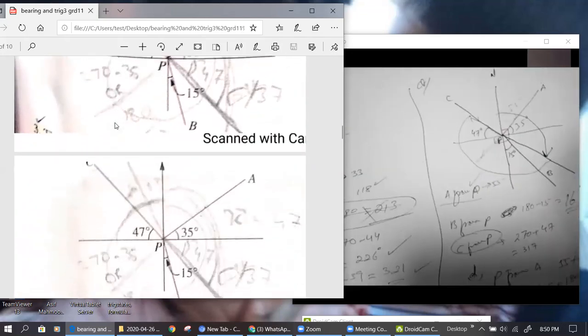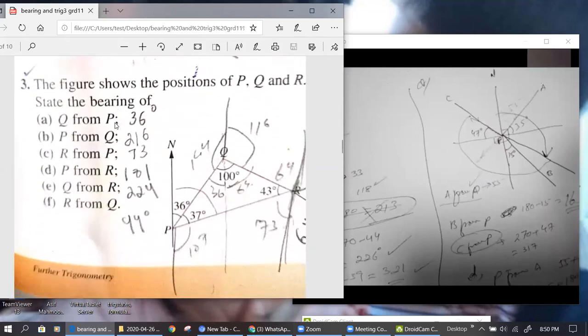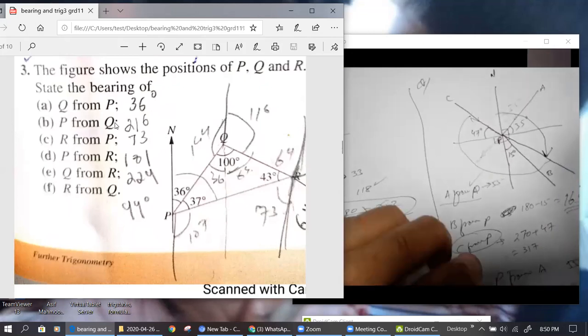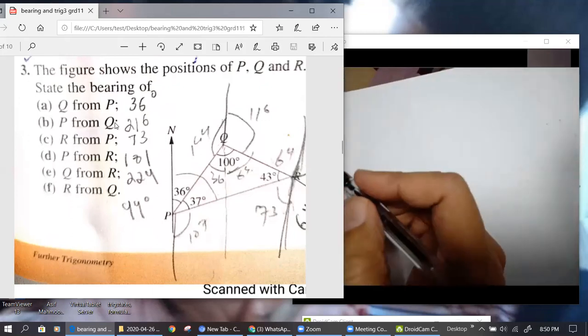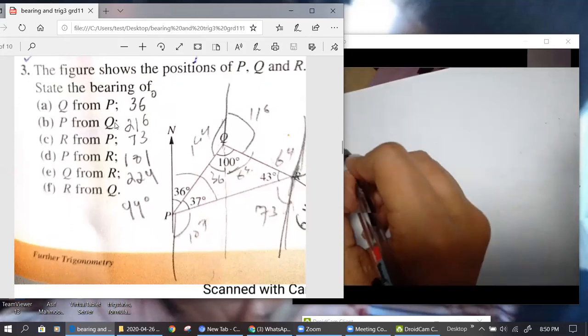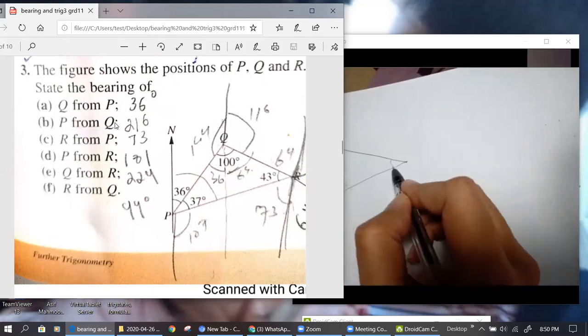The next one is the same question. Anyway, we need to practice. Sometimes they give you a figure, sometimes not. In this also they give you a figure: this is 43, this is R, this is Q. In this we will use some angle properties.